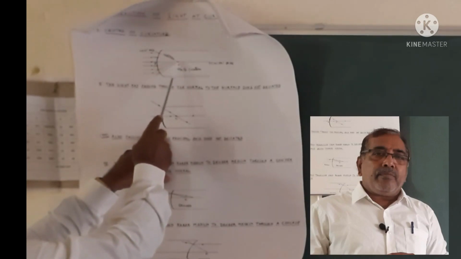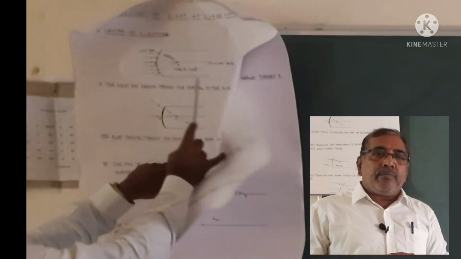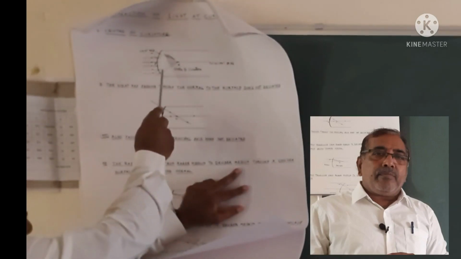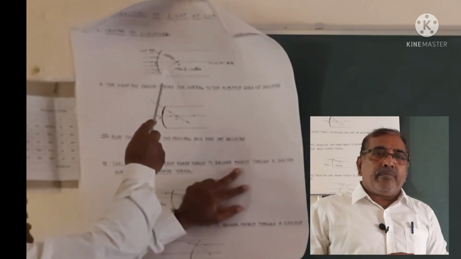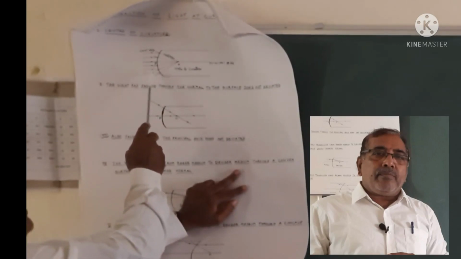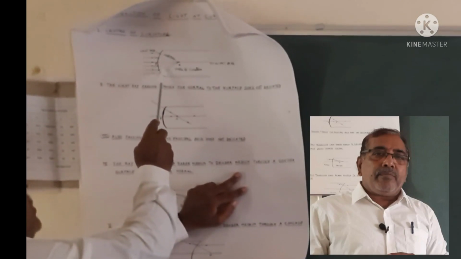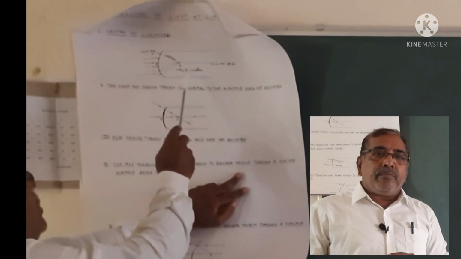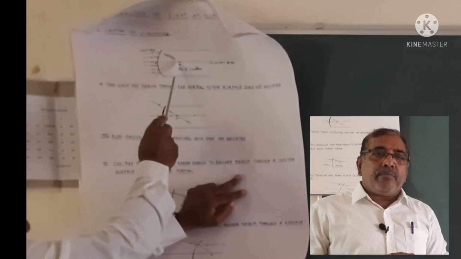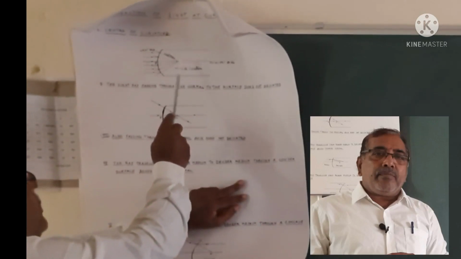The line joining from the curved surface to the interface is called normal. All these are normals, dotted lines are normals. The parallel rays, it is normal. It is the center of curvature where it meets on the principal axis.